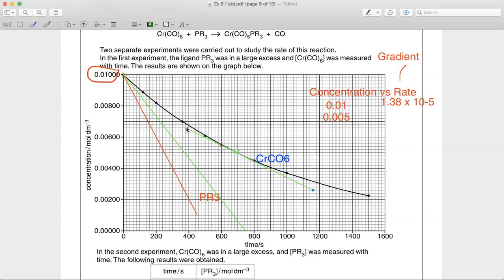Okay, that's my tangent for the point 0.005. Now I'll change that point to a different color. This point, I'll change this to pink. Now my tangent will have to just touch that.